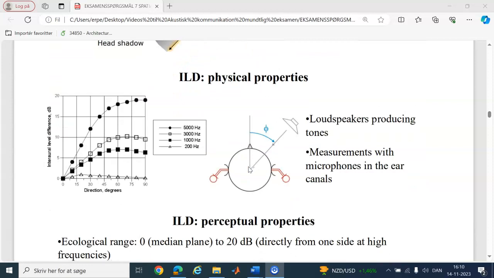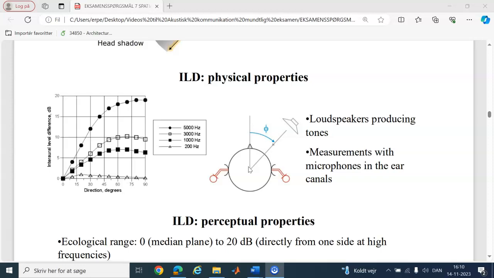ILD physical properties. At 5000 Hertz, a very high frequency, the interaural level difference is 0 at 0 degrees because the source is in front of you, but at 90 degrees there's a big level difference.